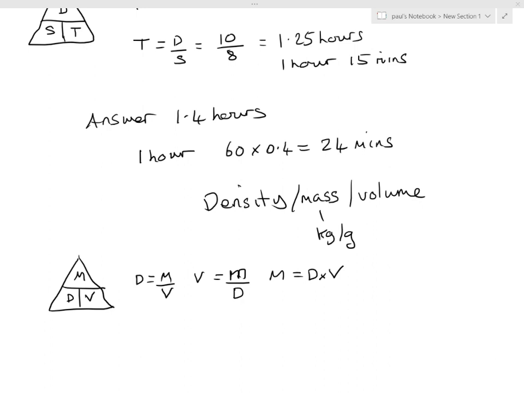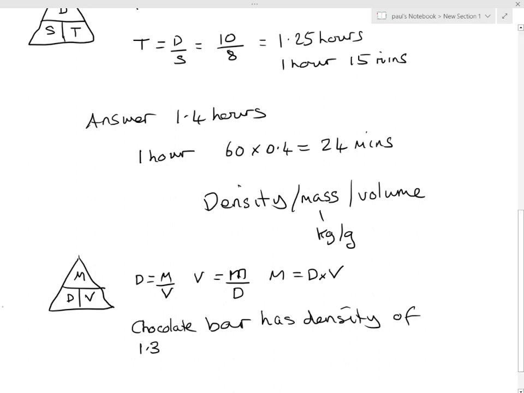So let's come down a wee bit. A chocolate bar has a density of 1.3 grams per meter cubed, the volume.